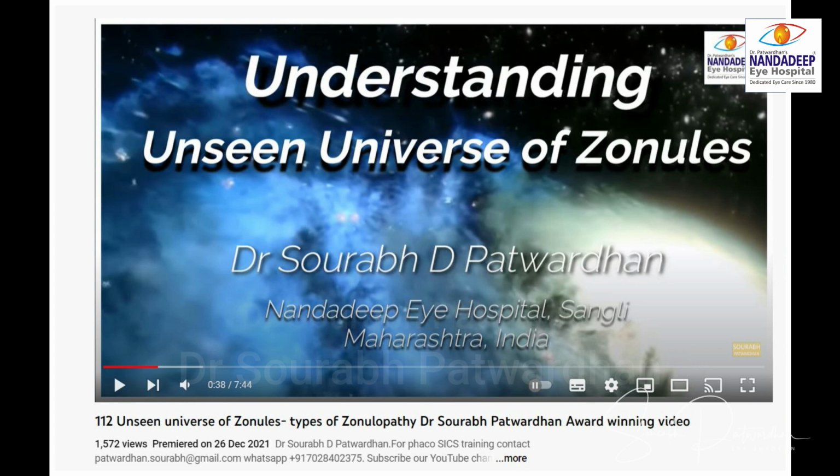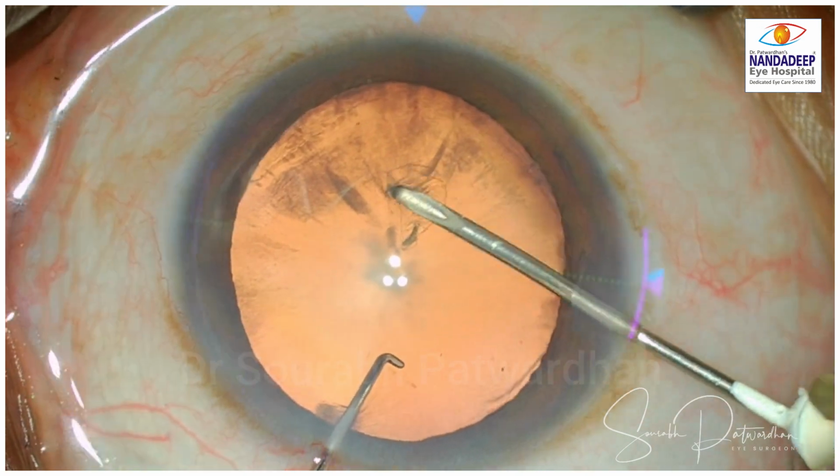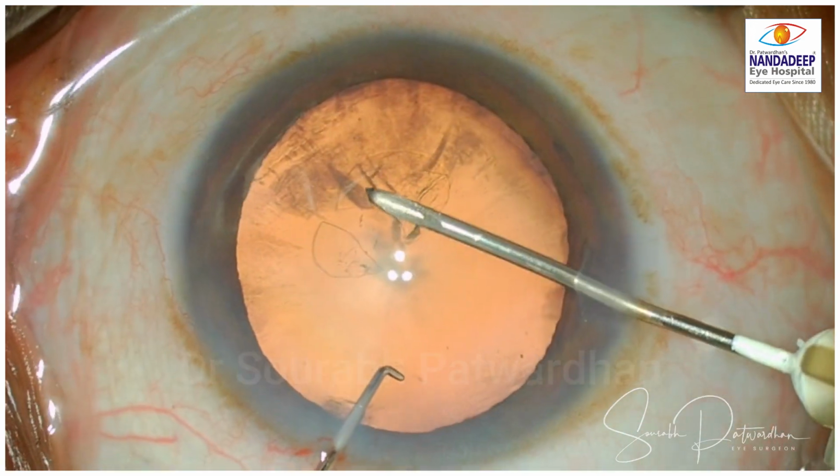There are two types of zonulopathy which might be localized, anterior zonulopathy and posterior zonulopathy, and another video describes intraoperative dialysis management and how to differentiate peripheral posterior capsular rent from dialysis. I think both these videos are must watch, and now we'll come back to the interesting video which I am going to show.